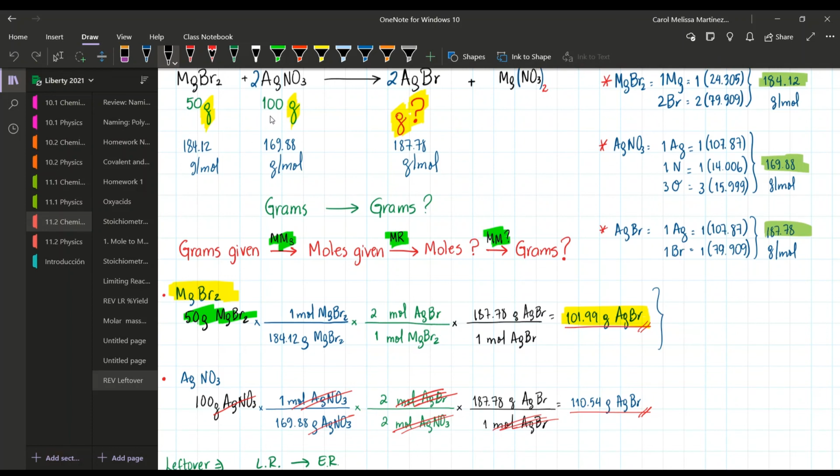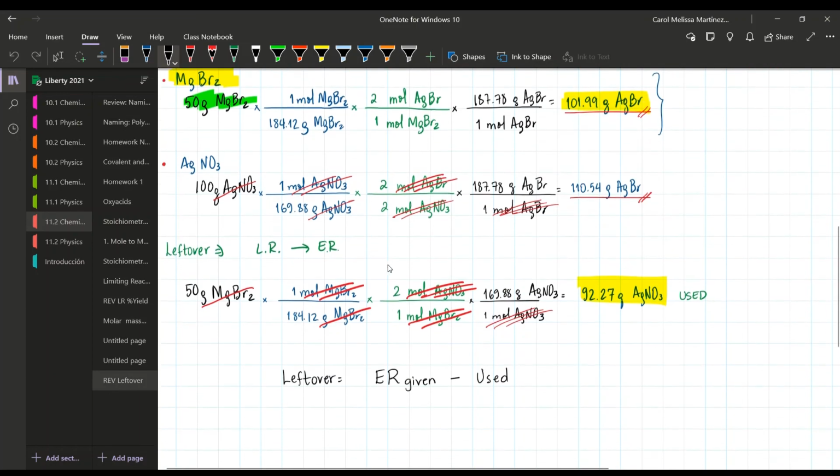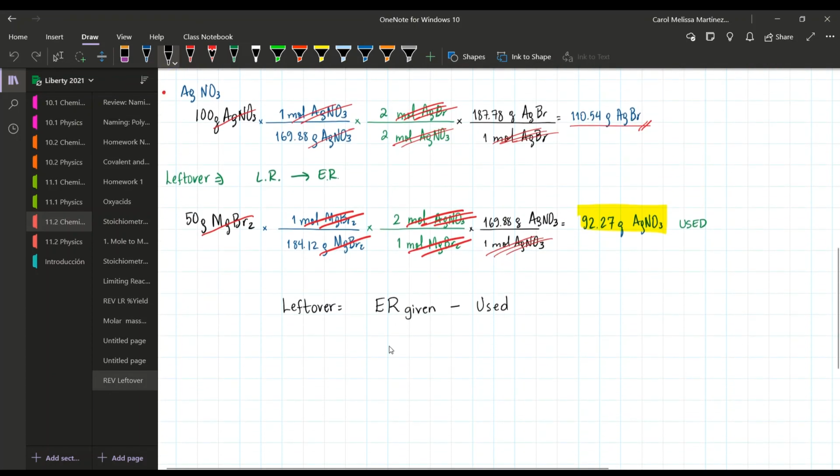So the problem gave me 100 grams of that substance, and I will subtract how much I used, 92.27 grams. So 100 minus 92.27 gives me 7.73 grams of AgNO3.